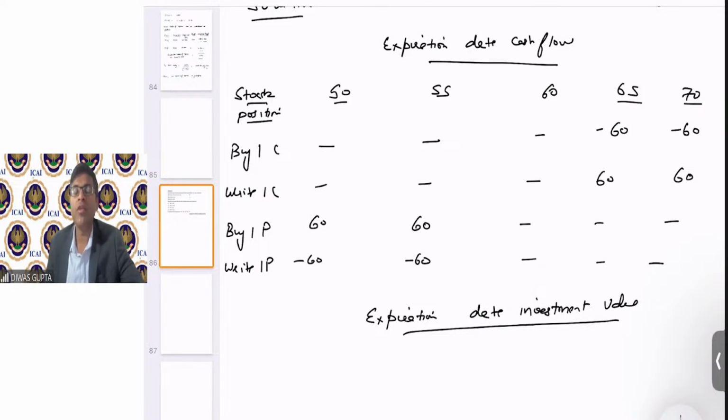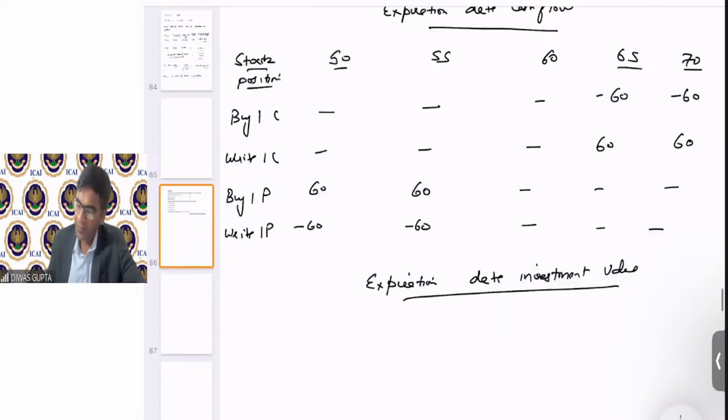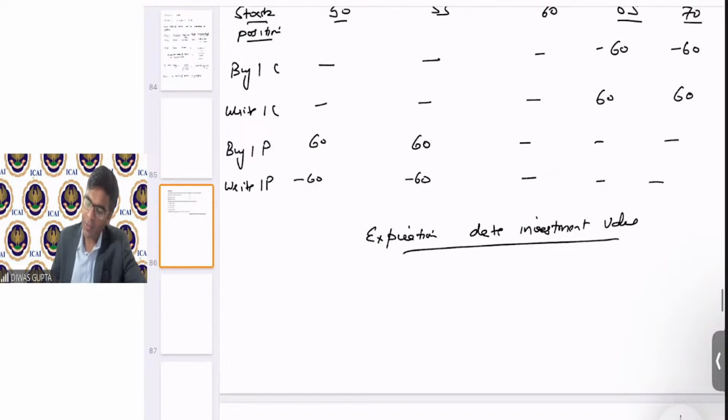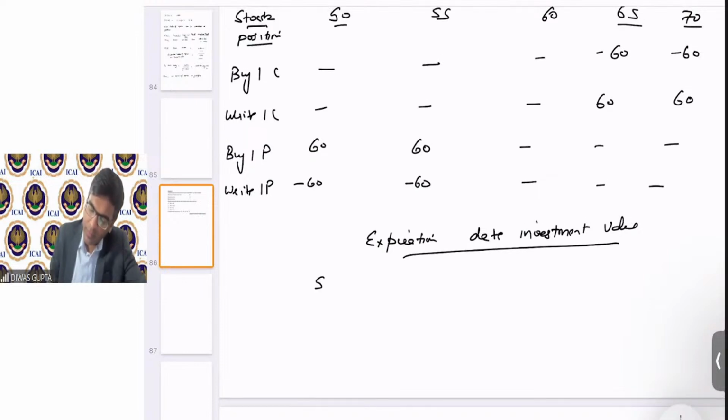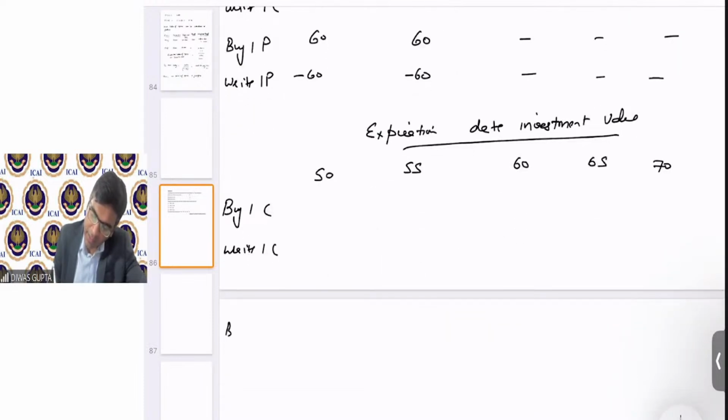By investment value, they mean the value of the option. Okay, whatever is the payoff of the option. Again, 50, 55, 60, 65, and 70. First one is buy one call option. Write one call option. Then buy one put option and write one put option.